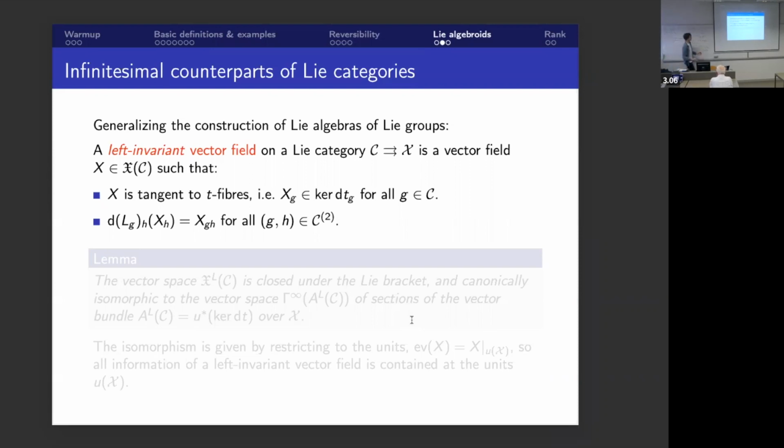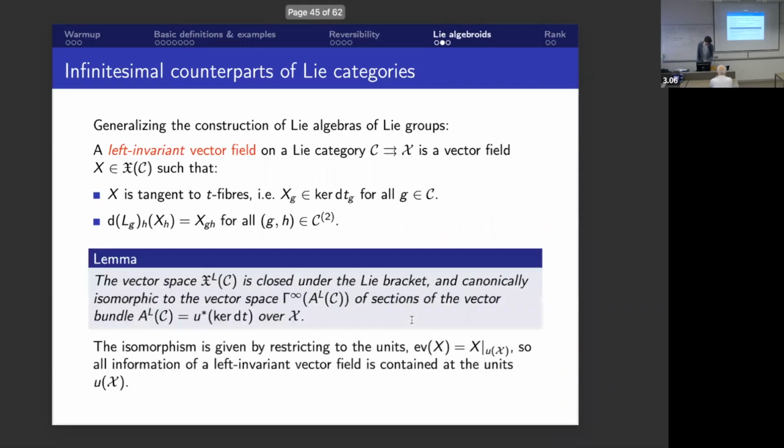So, of course, this vector field has to be tangent to target fibers, otherwise this second line does not make sense. If you agree.